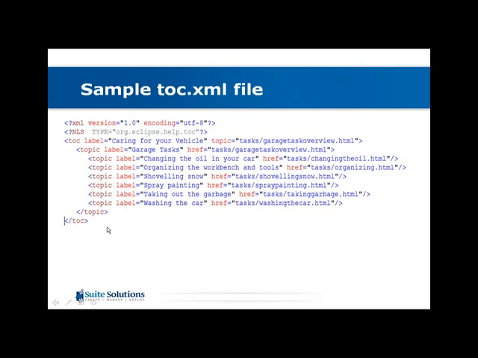Just like it would use the title to make a table of contents in PDF, or a table of contents in HTML help, or even XHTML. So it's doing the same thing. It's pulling the title from that topic into this file. You could have any number of nesting here.